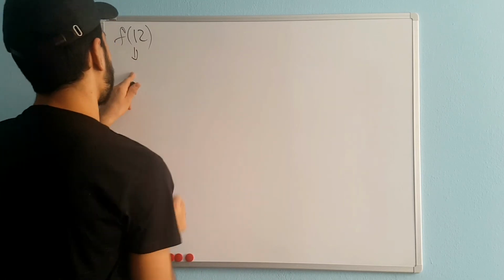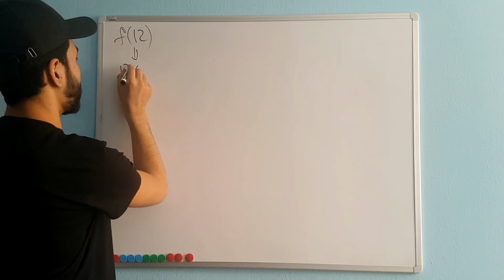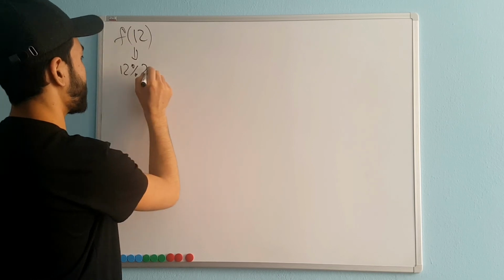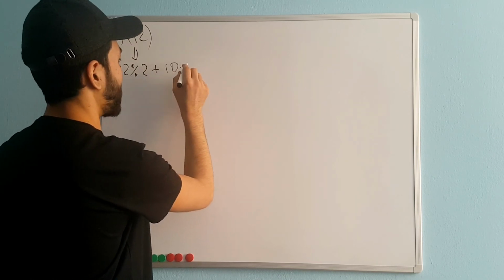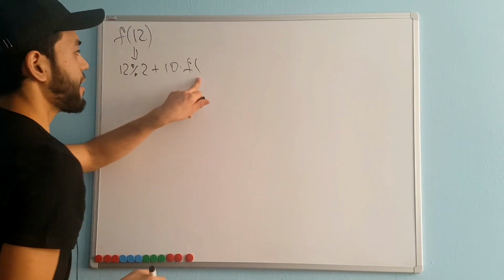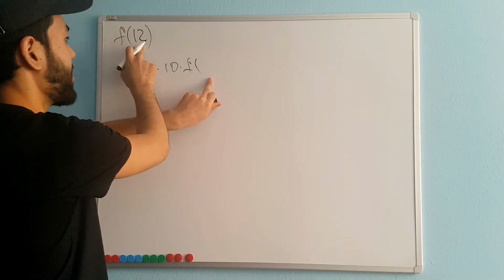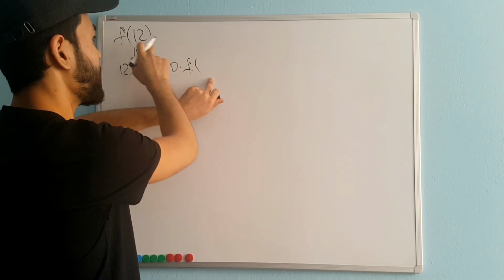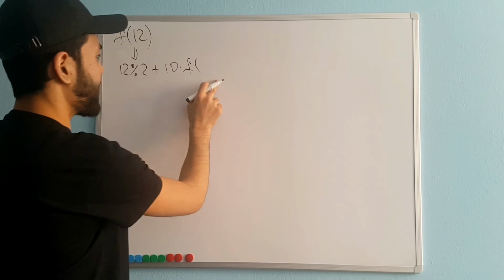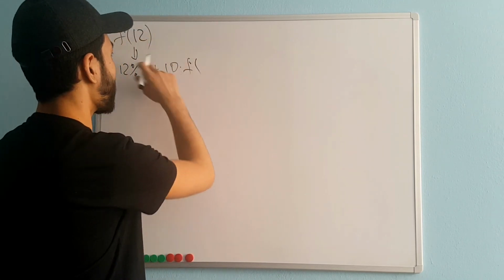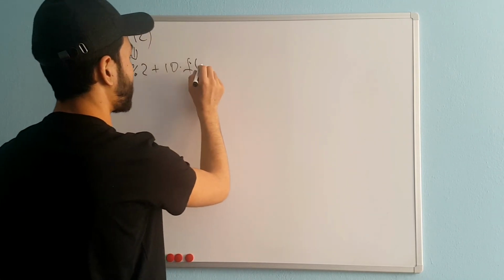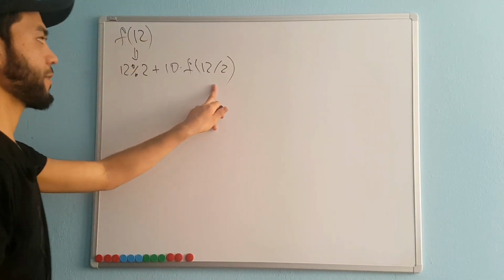We have a formula which is 12 modulus 2 plus 10 multiplied by the function called inside with int, dividing 12 by 2. Here I'm not keeping int; I'm immediately dividing 12 by 2.